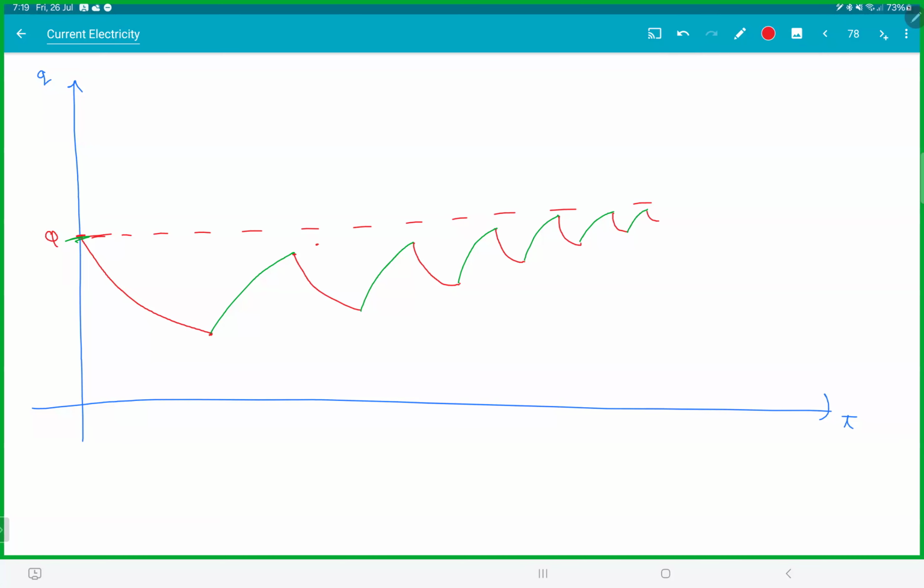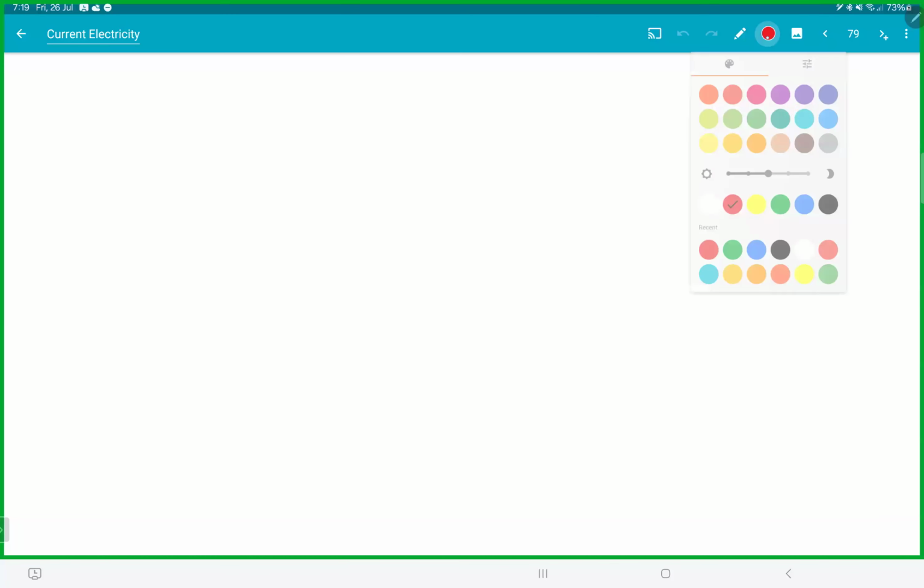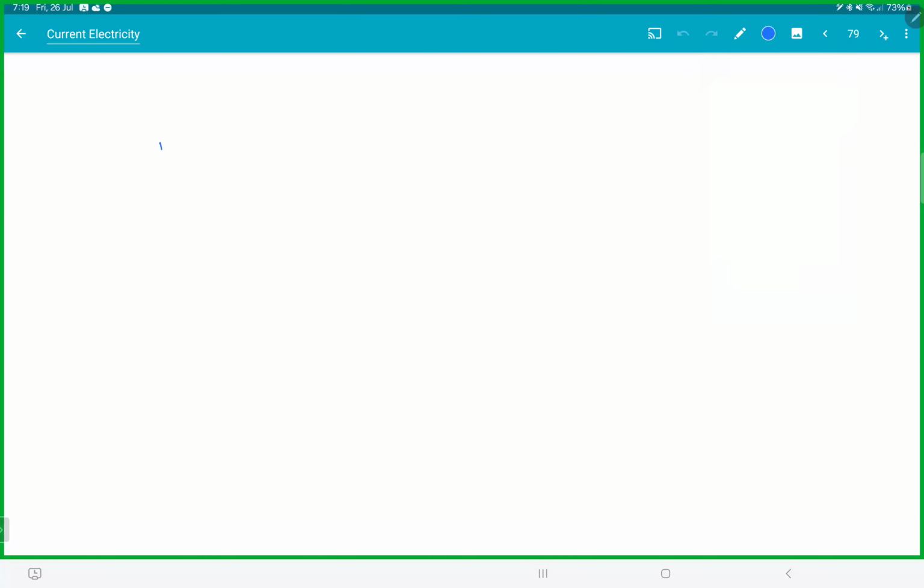Is this making sense? Because every time it will discharge by the same percentage. Think of it like this. Let's say initially you are at 100. Now for the time interval t, let's say it discharges by 50%. So 100 becomes 50. Now in this time t, like I said, to go to 100 it will take infinite time.